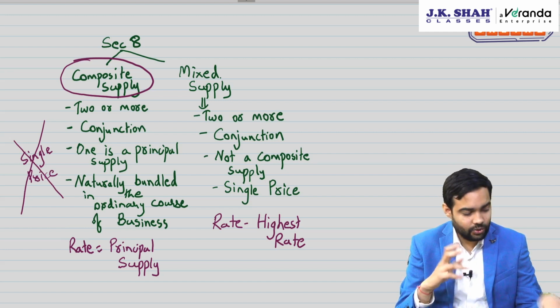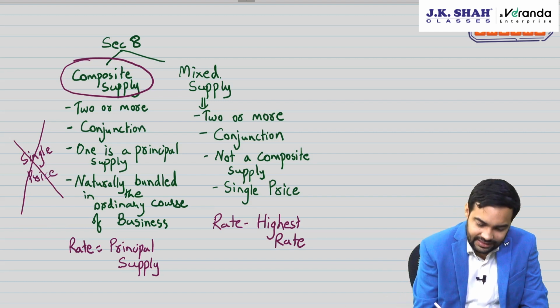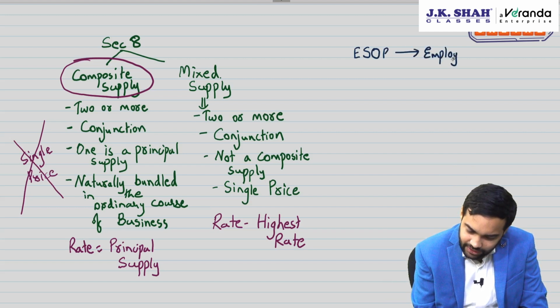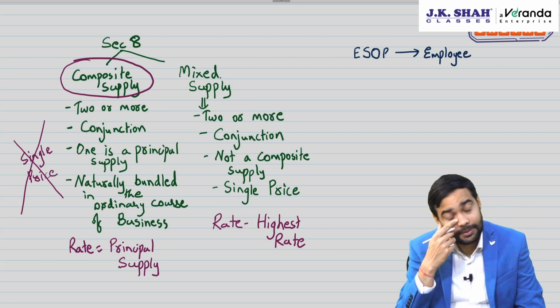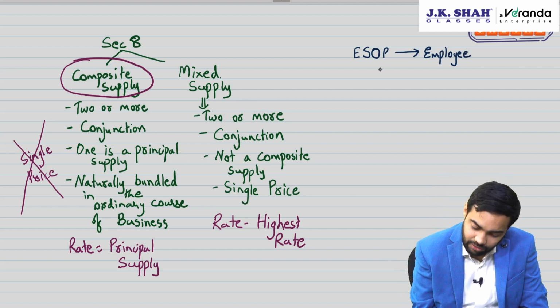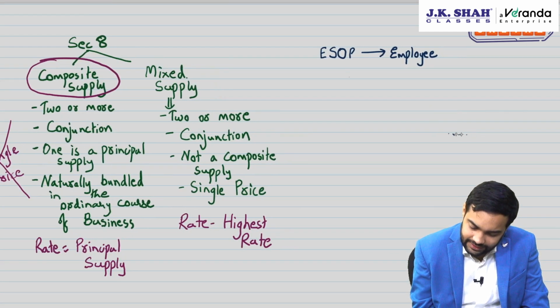Plus some new entries have been added, like ESOPs. ESOP is given to employees. Whether GST will apply on ESOPs? No. And sometimes foreign ESOPs are given. Say suppose I take an example of an Amazon employee.